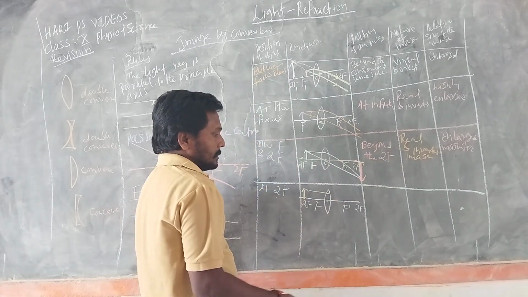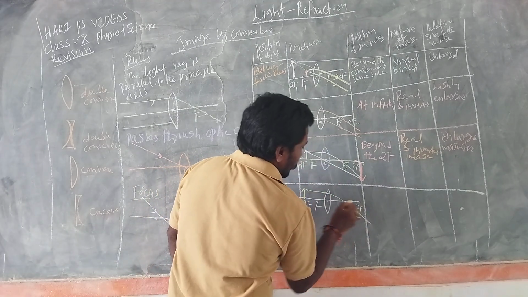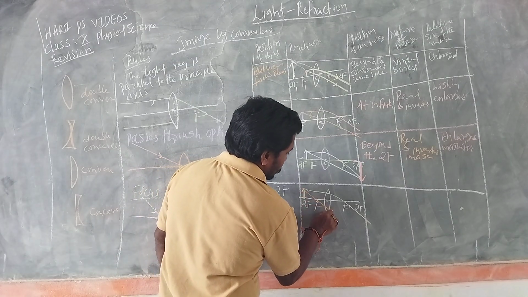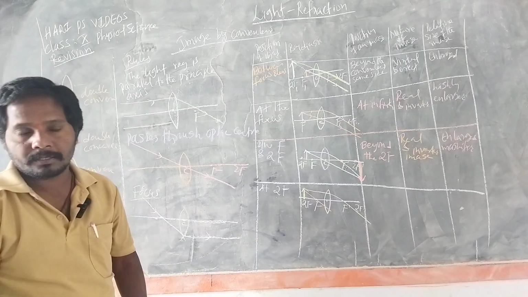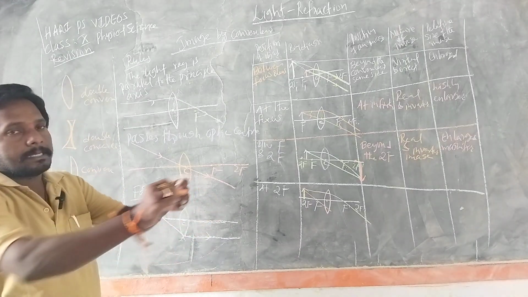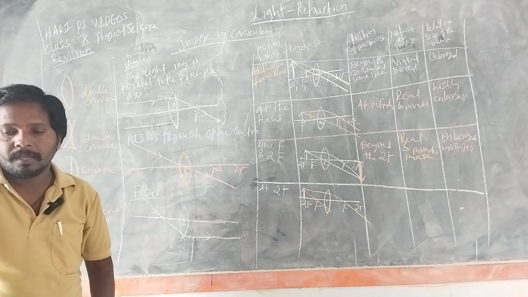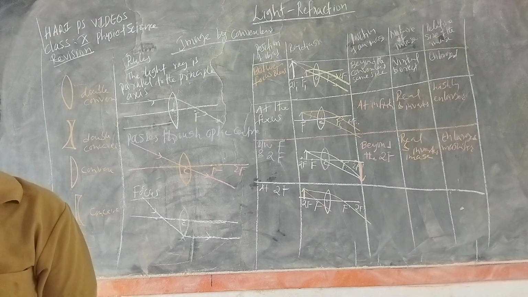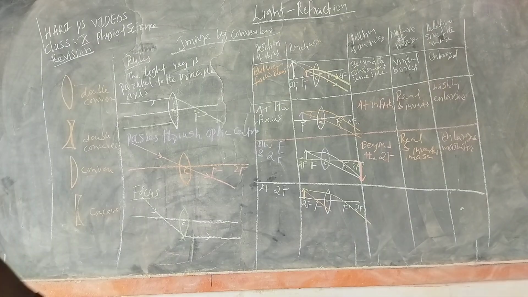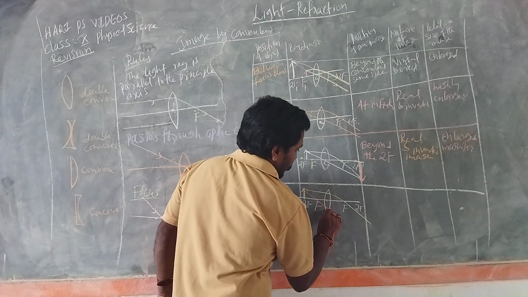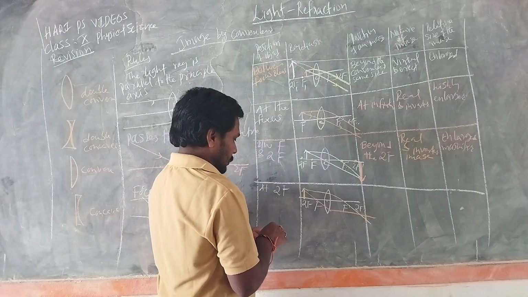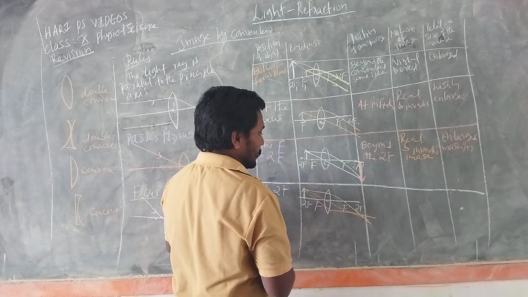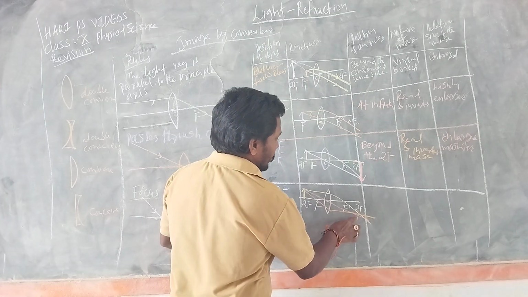The ray parallel to the principal axis passes through the focus. Then for the second one, if it is passing through the focus, then after refraction it passes parallel to the principal axis. Or you can take the ray through the optic center.